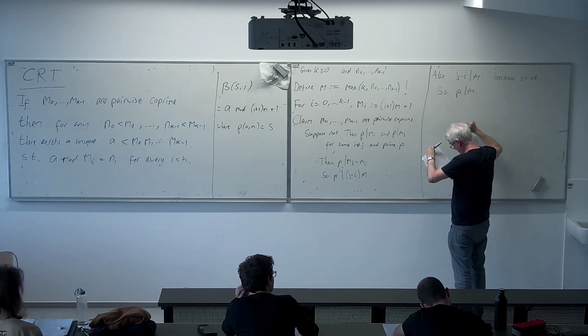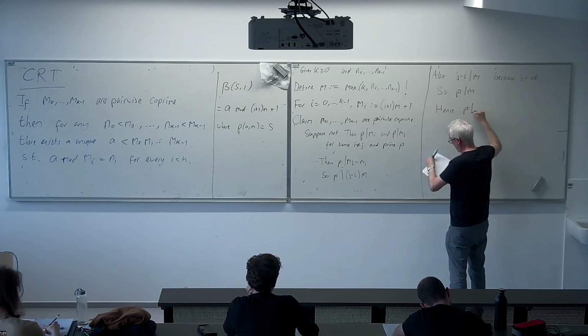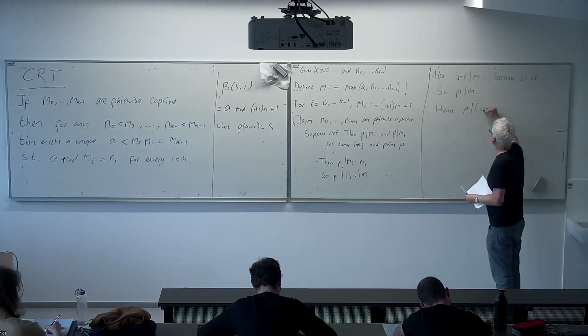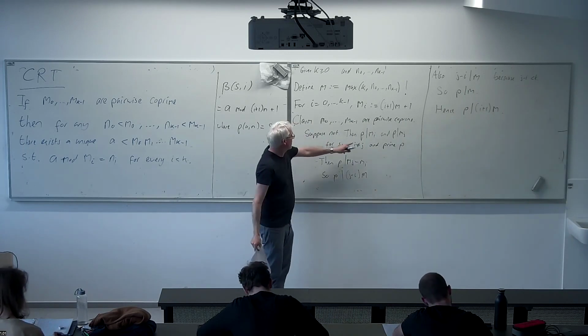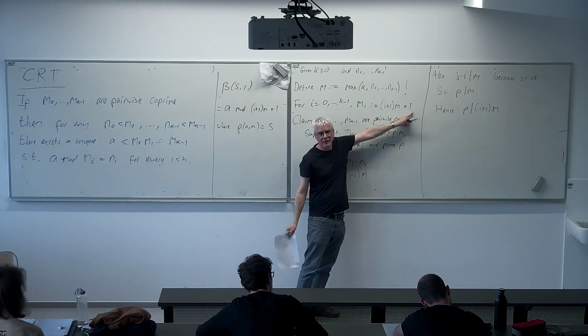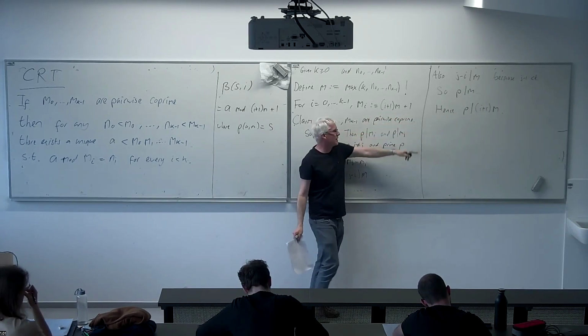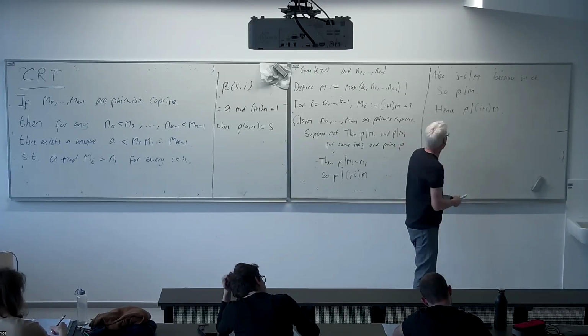So if p divides m, hence p divides i plus 1 times m. We started with p dividing mi, which is i plus 1 times m plus 1. Obviously it can't divide both i plus 1 times m and i plus 1 times m plus 1.